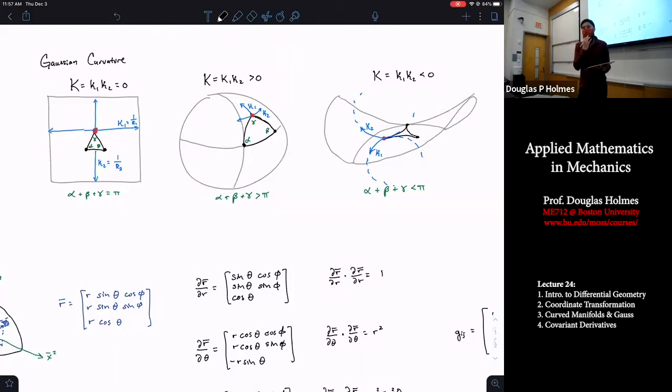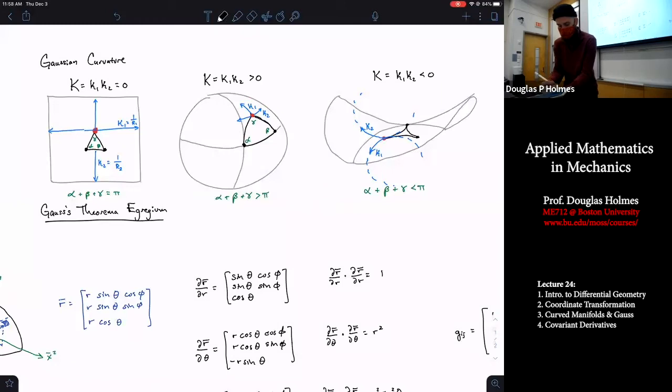Now, the reason this is important is what Gauss's Theorema Egregium actually says: that the Gaussian curvature, K, is invariant under local isometry.